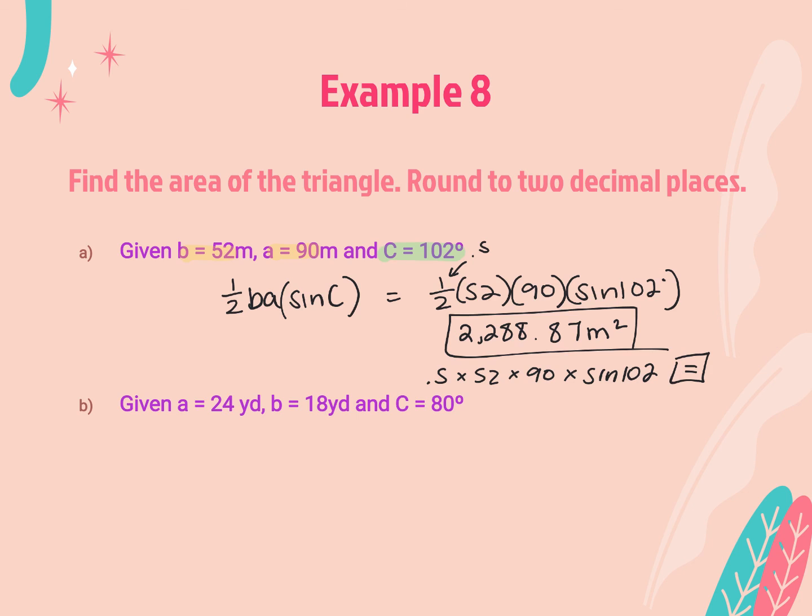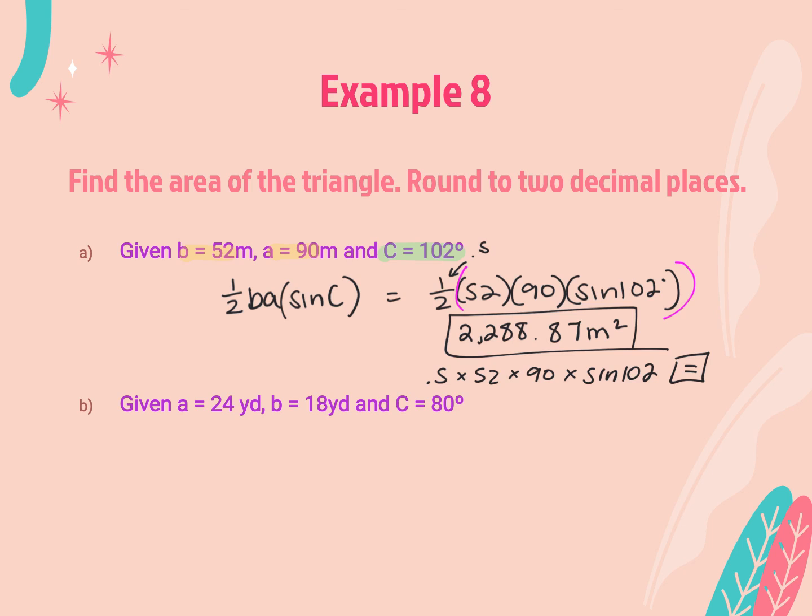Yes, the way you said it would work. You just can't cut each of them in half and then multiply them together. You can't distribute the one half. Totally fine. Multiply this, divide by 2. That works too.